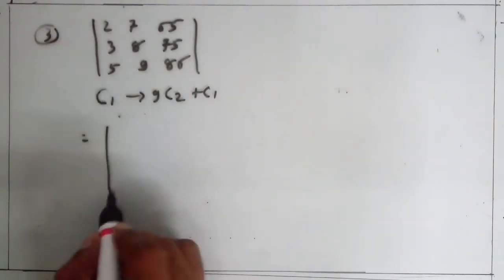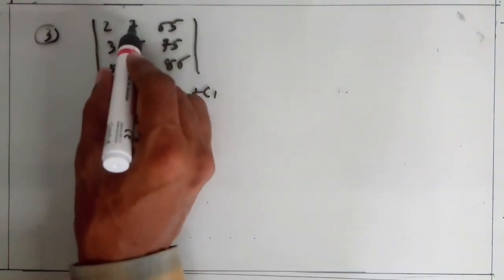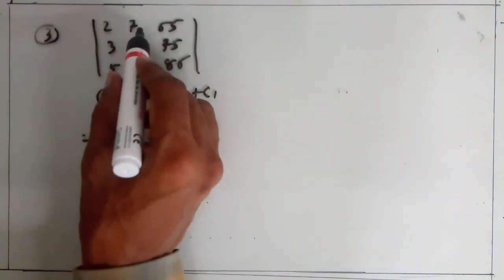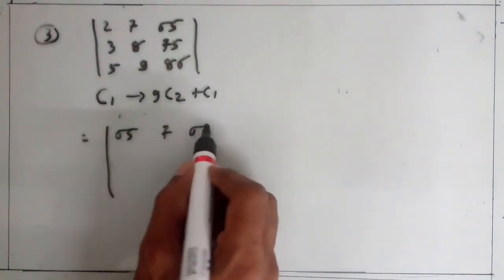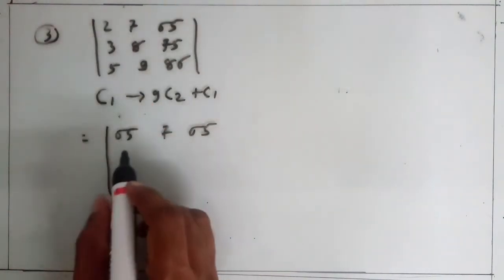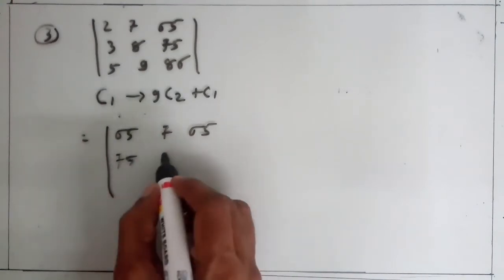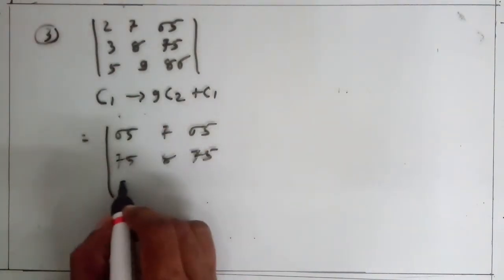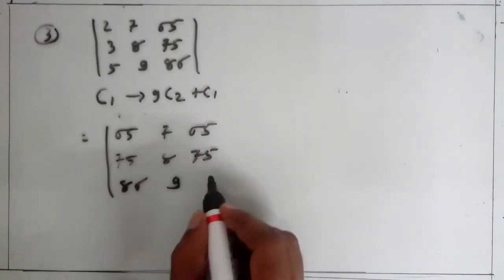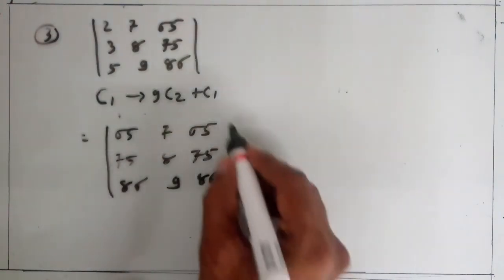So here we get 9 into 7, 63 plus 2 becomes 65, 7, 65. Similarly here we get 75, 8, 75. Here we get 86, 9, 86. Clear this?